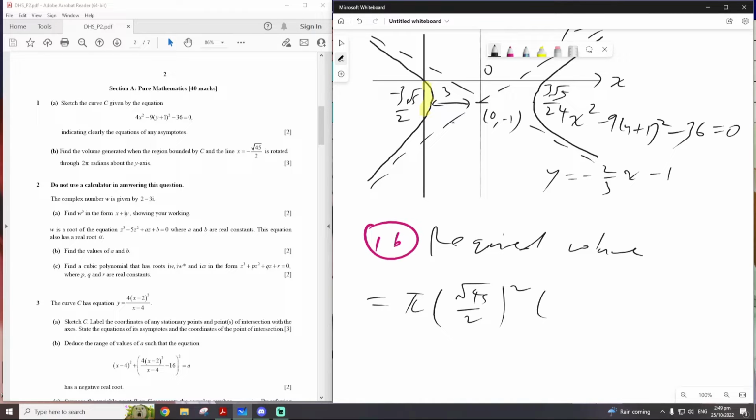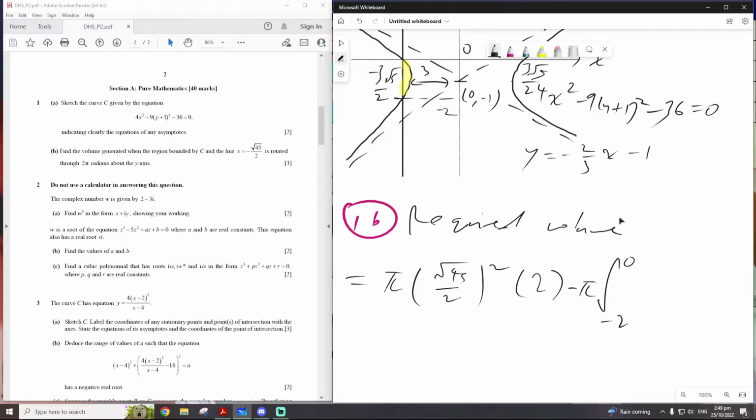The height will be, by symmetry, this is -1, this is 0, so this is actually 2. So this is going to be 2 minus, then we're going to have an integral, pi, integrate from -2 to 0, express x squared as the subject, you'll get 36, you'll get like, how do I say it?